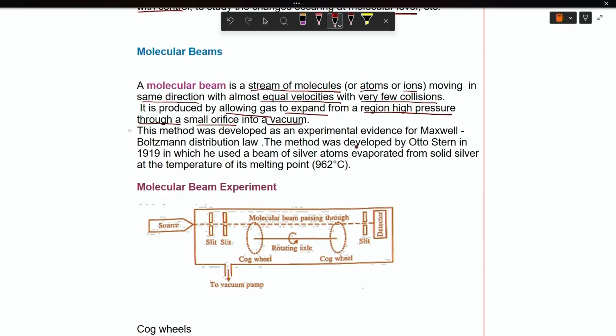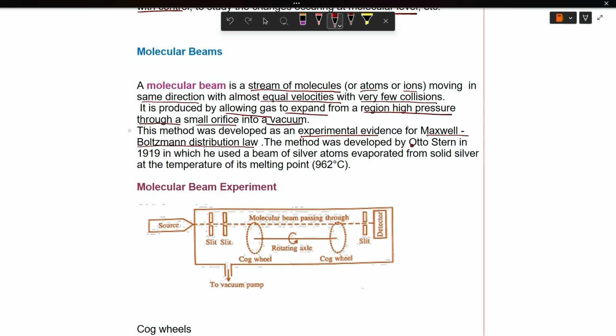Okay. This was first developed as experimental evidence for the Maxwell-Boltzmann distribution law. We know that according to the Maxwell-Boltzmann distribution law, we have a range of velocities in gas molecules, ranging from very low velocities to very high velocities, and some of the molecules possess the most probable velocity.